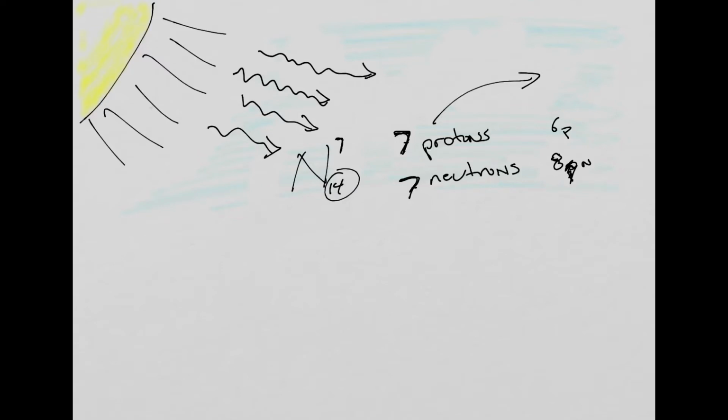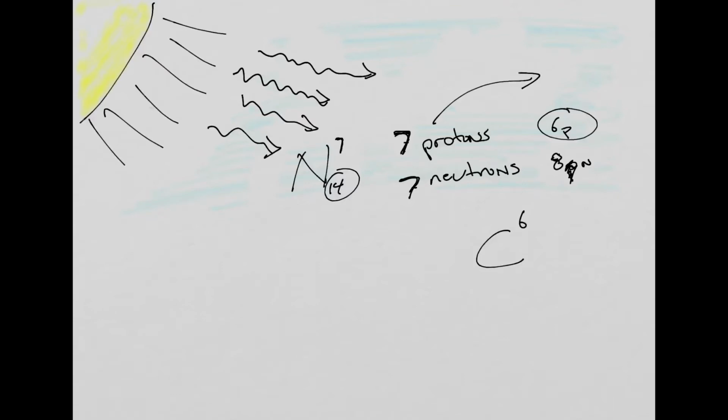Now, this chemistry is really not the key importance to us. What's of key importance is that the number of protons determines its atomic number. If nitrogen is 7, carbon is 6.